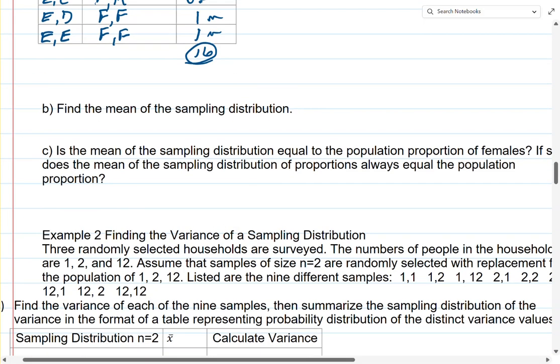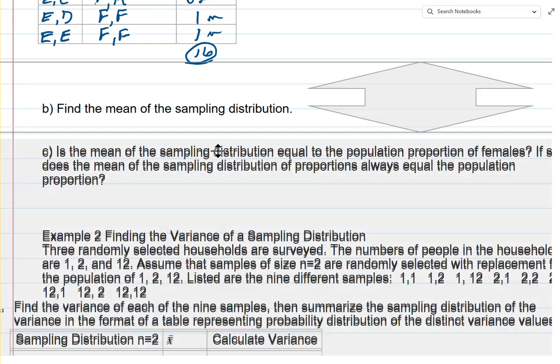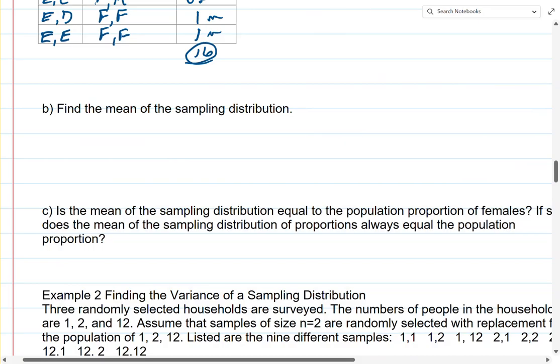Find the mean for the sampling distribution. Well, okay, the mean is going to be the average, right? The sum of, in this case, we're having the sum of the data divided by n, number of data.